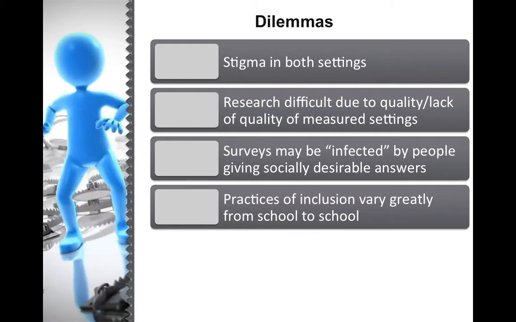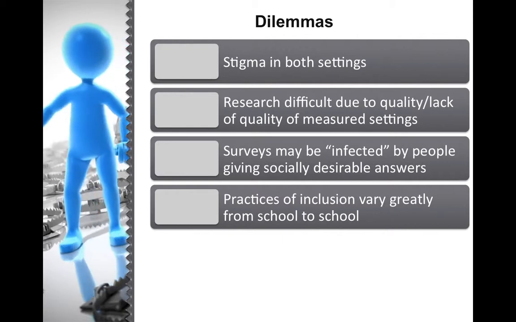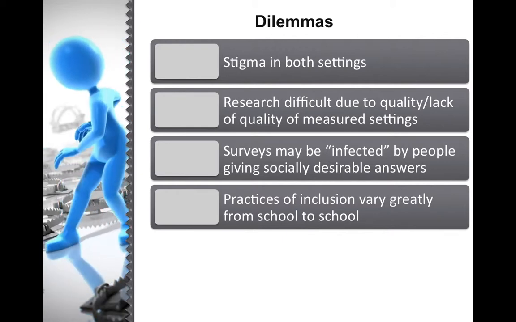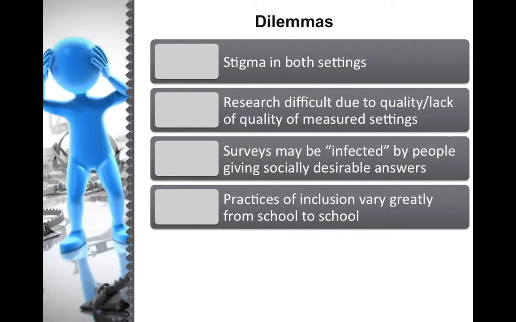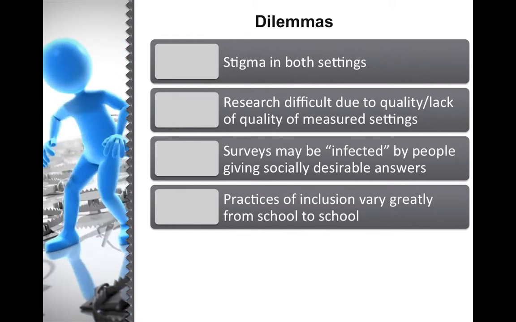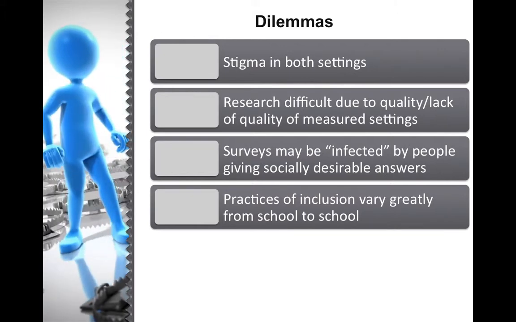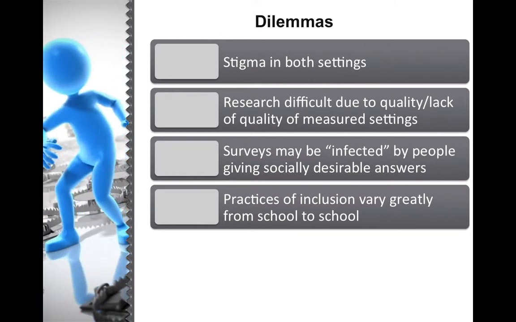And sometimes people say, yes, we want to do full inclusion. We want to, but they're giving you politically correct, socially desirable answers. Practices of inclusion vary greatly from school to school, adding to the problem of measurement, assessment.